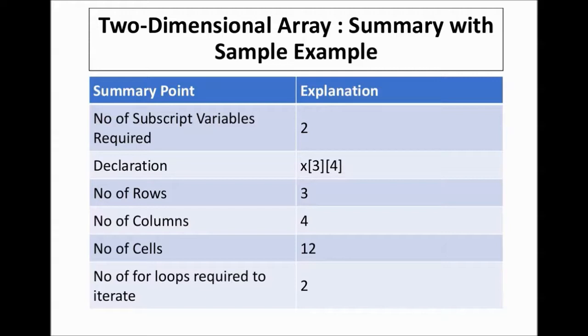For example, here we declare x[3][4]. 3 is the number of rows and 4 is the number of columns, and the total number of elements in this array is 12, also called the number of cells. The number of for loops required to access the data in this array or to write data in this array is two loops, also called nested loops.